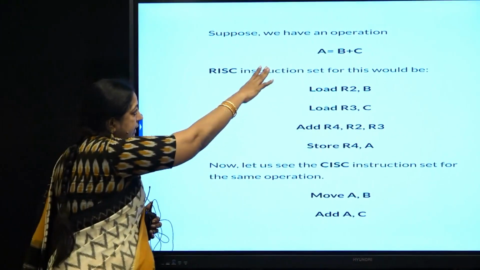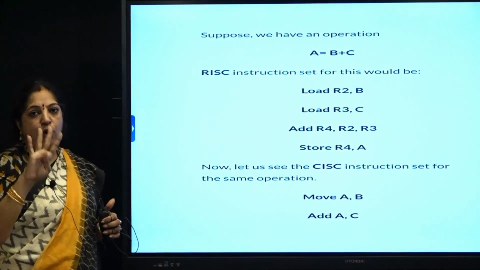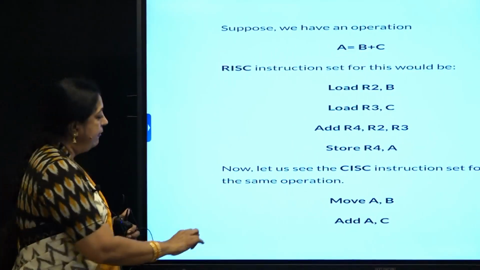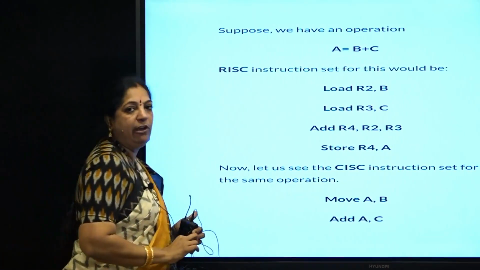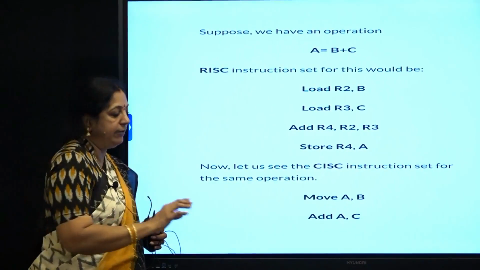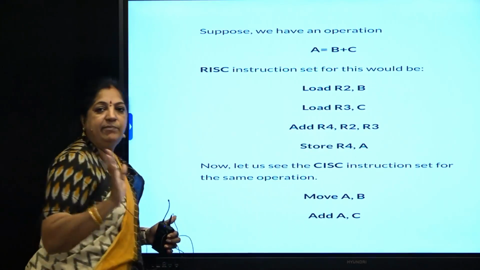So the same operation is given as 4 instructions to execute in a RISC processor. Whereas in a CISC processor, if you take the same operation, within 2 statements it is executed. Move A comma B, add A comma C, that is all.